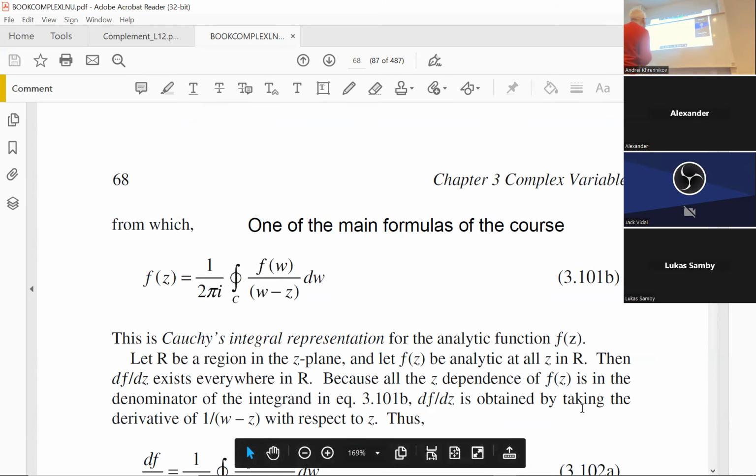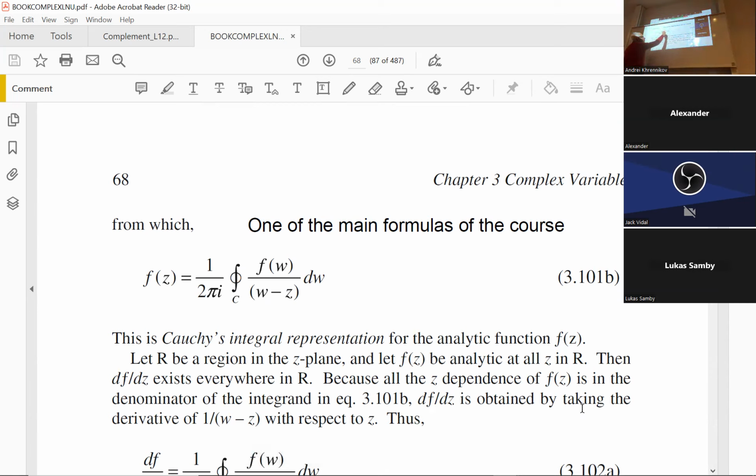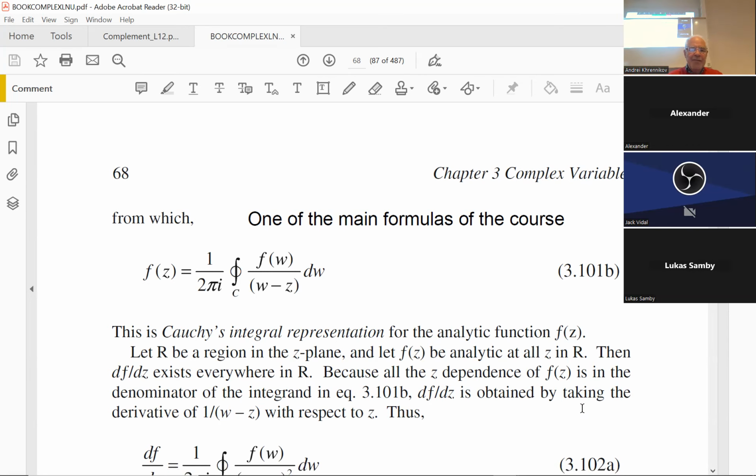The idea is that the residue of this function is precisely the value of this function, up to 2 pi. Okay, so this formula will be our main machinery during the lecture.